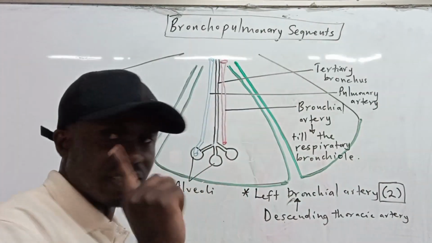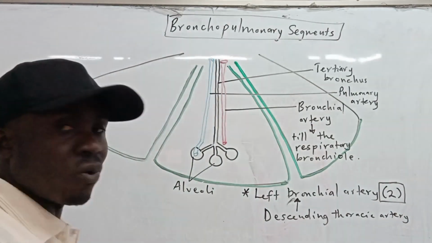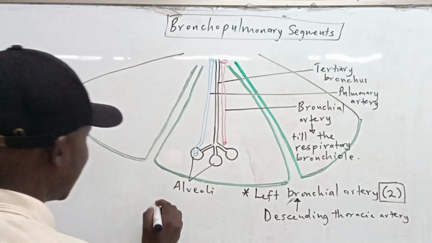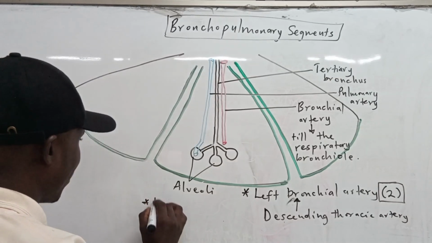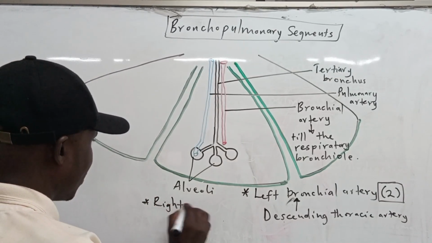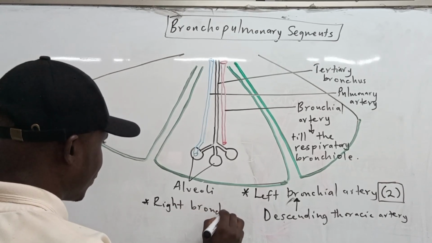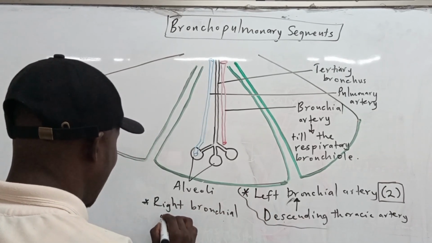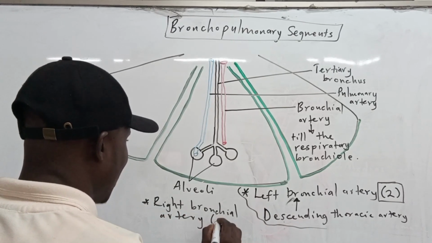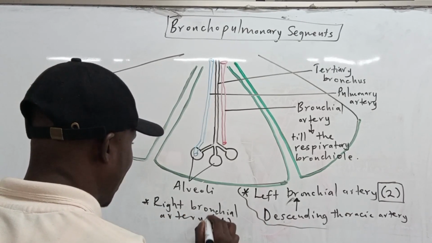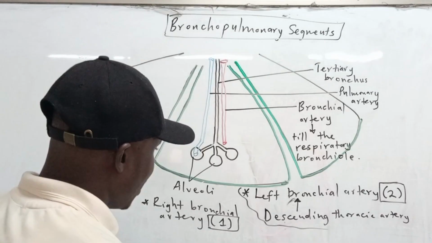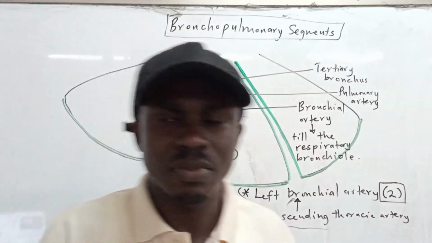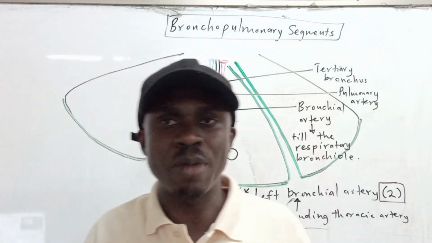And so in the case of the right bronchial artery, how many did I say we are going to have? We are going to have just one. And my friends, where is this one coming from? Where is the one going to come from?